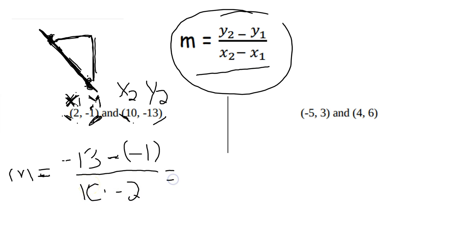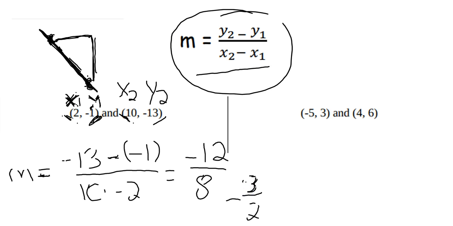If I subtract these, negative 13 minus negative 1 is going to give me a negative 12. 10 minus 2 would be a positive 8. Again, anytime we're talking in math, we want to reduce. Negative 12 eighths, if I divide both of those by 4, is going to give me negative 3 over 2. Negative 3 over 2. So it'll be down 3 over 2.